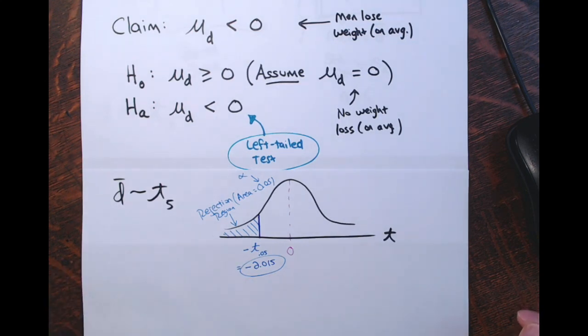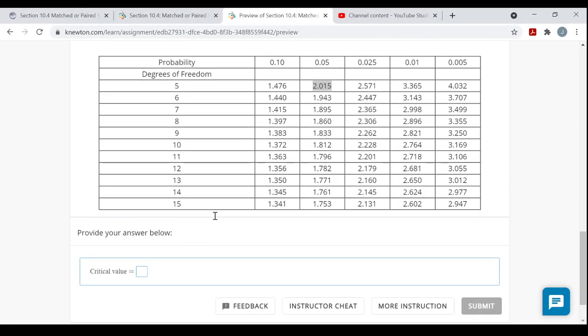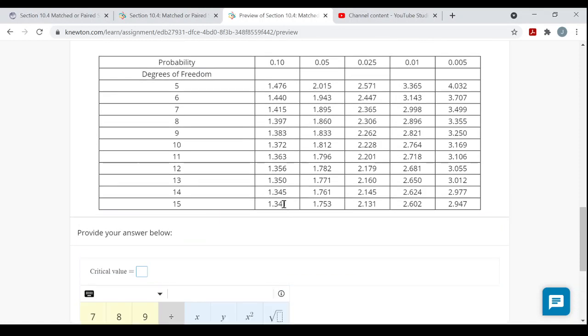And then, once I've calculated the test statistic, I figure out, is that test statistic in this region? Is it to the left of negative 2.015, or is it not in the region? And then I would reject the null hypothesis or not reject it based on that, and then make a conclusion. But all they're asking us for here is what would be the critical value. And again, be careful, it's a left tail. This has got to be negative. Put in the negative sign, 2.015.